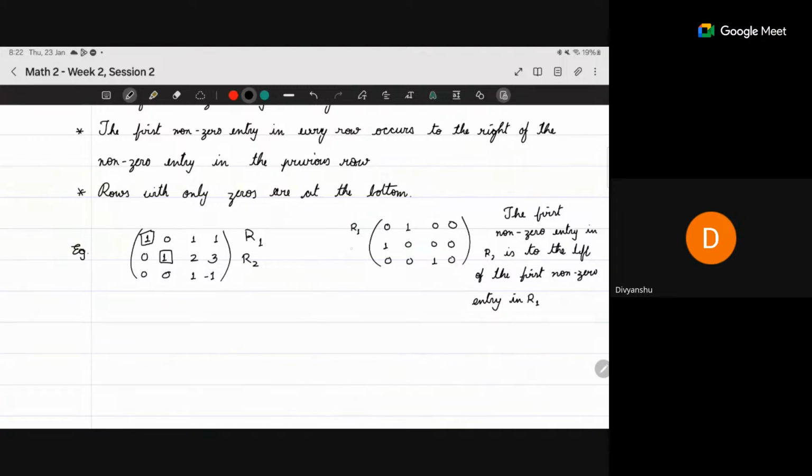Correct? So this is R1, this is R2, row 1, row 2. This one is to the left of that one. That is not permitted. Even things like this are not permitted. If they are in the same column, that is also not permitted.